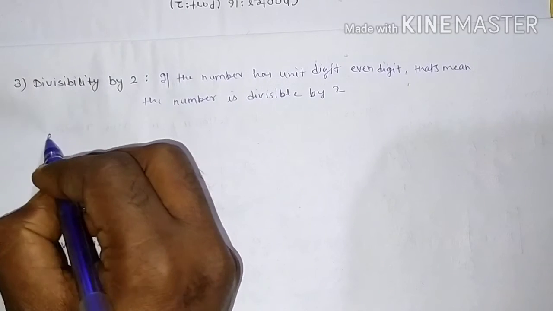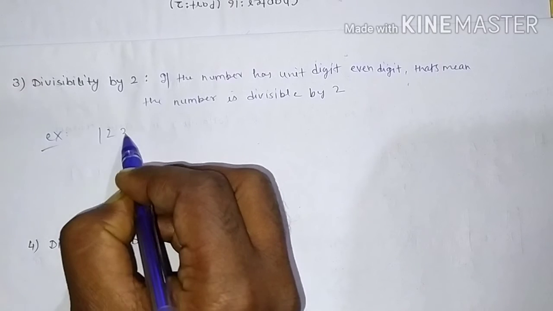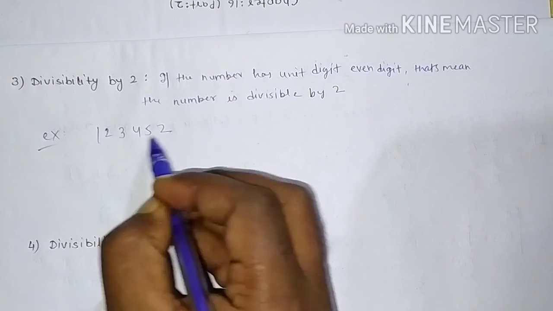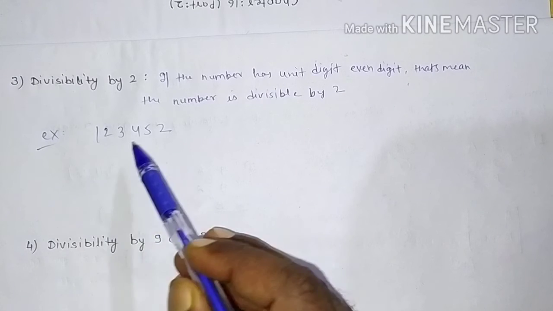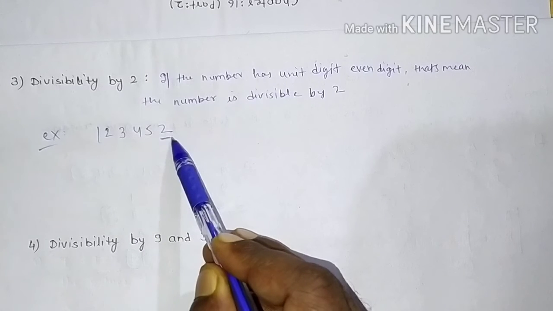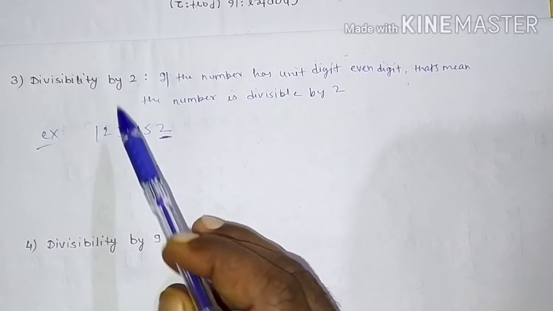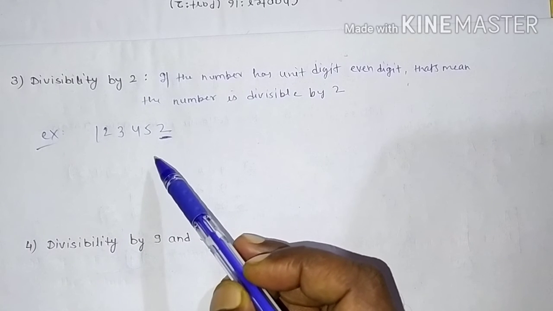Let's take an example, 123452. Let's suppose this number is given and the unit digit is 2 here, and 2 is an even number, so this whole number is divisible by 2. The unit digit must be an even number.